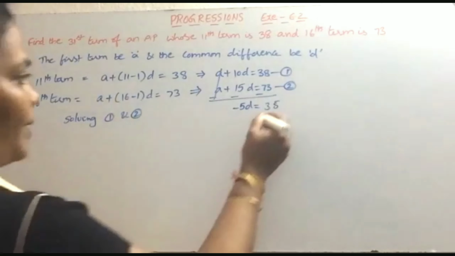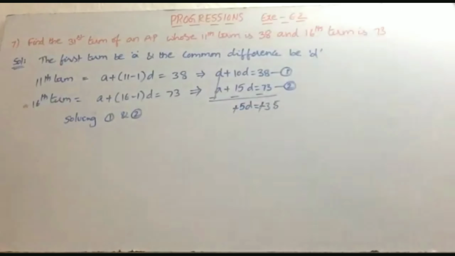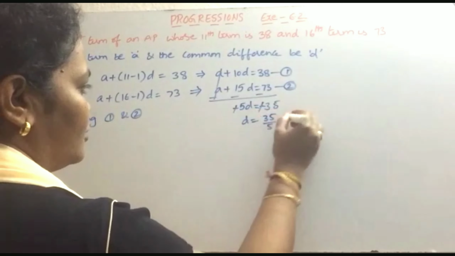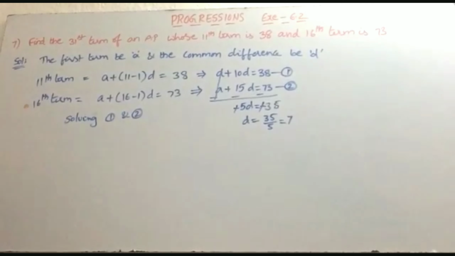So minus 35, and the minus gets cancelled. So D equal to 35 by 5, that is equal to 7. So D is equal to 7.